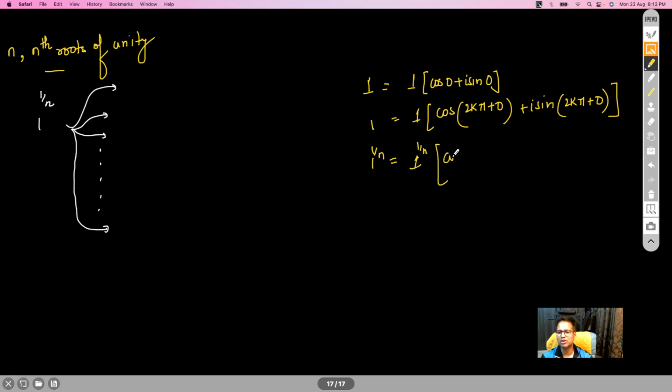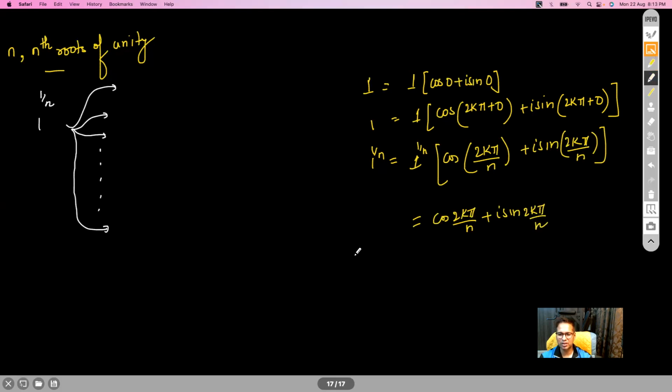But still I'm writing it for your personal satisfaction. So this is cos 2k pi by n plus i sin 2k pi by n, and your k will take values from 0 all the way till n minus 1, because from 0 to n minus 1, there will be n roots that will be taken care of.